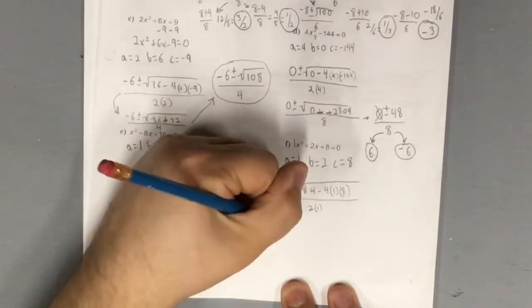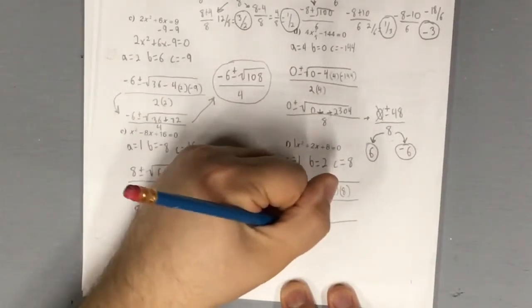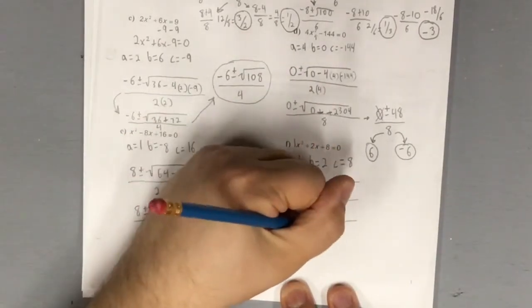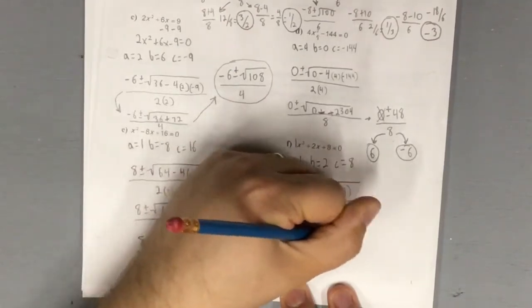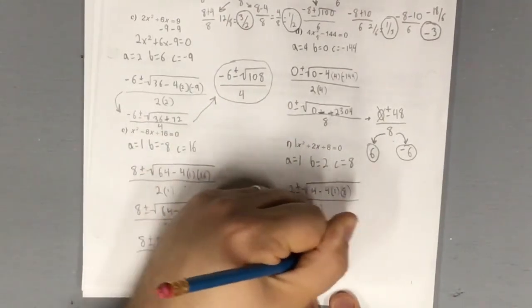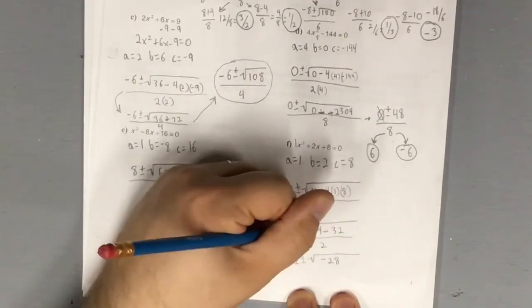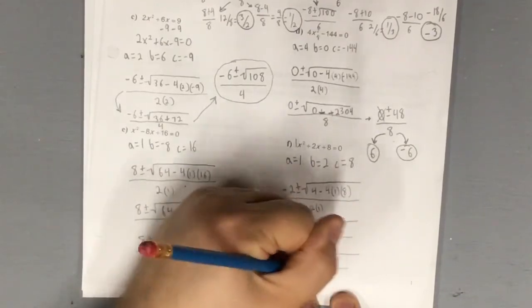When I go through and solve this, I get negative 2 plus or minus the square root of 4 minus 32, all over 2. I then get negative 2 plus or minus the square root of negative 28, when I do 4 minus 32, all over 2.